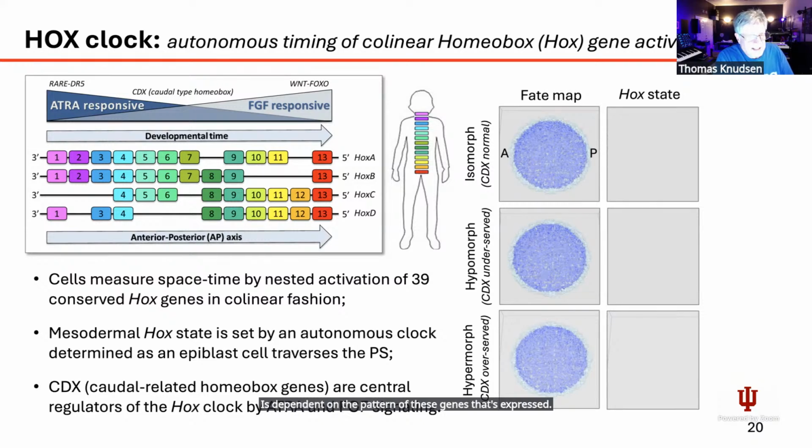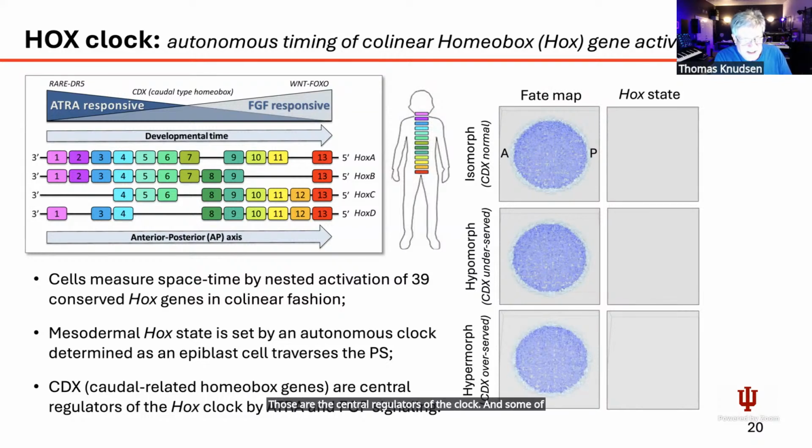And as I indicated, as those cells migrate through the primitive streak, that's where the homeobox state is actually set. And there's an autonomous clock in the embryo, which we've incorporated into CompuCell3D. And the central control of that clock is through the caudal-related homeobox genes, CDX 1, 2, and 4. Those are the central regulators of the clock.